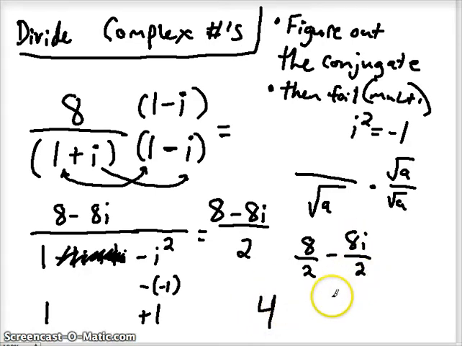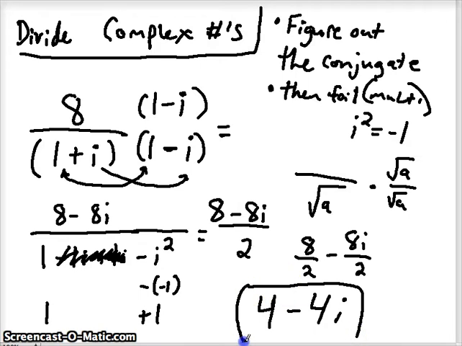And negative 8 divided by 2 is negative 4, and the i is there. And there's our complex number in standard form. So we divided complex numbers. It's probably one of the most complex things we've done so far.